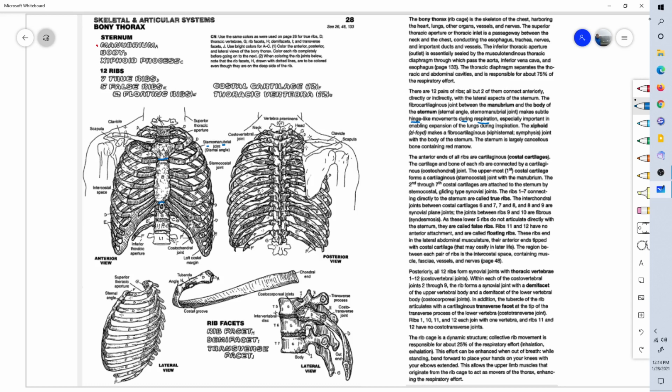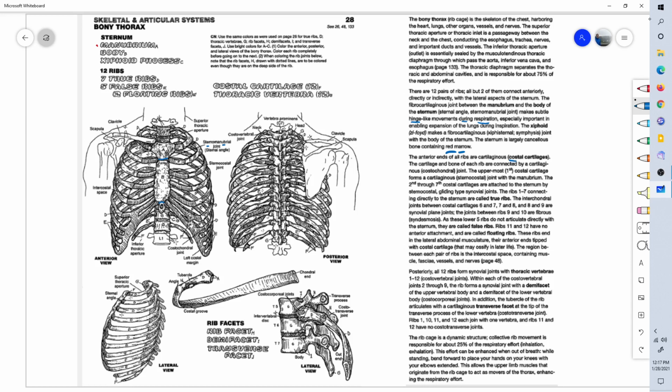The sternum is spongy or cancellous bone we talked about in bone formation, and it does contain red blood marrow, or just red marrow. Attached to the manubrium and the body of the sternum are what's called costal cartilage.